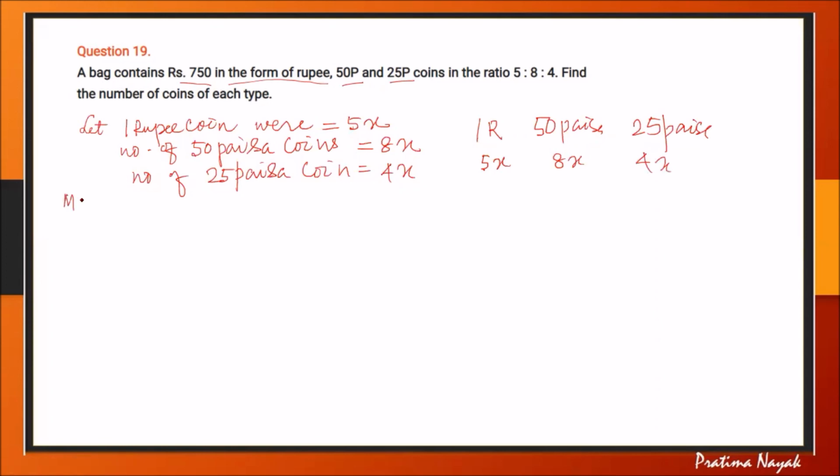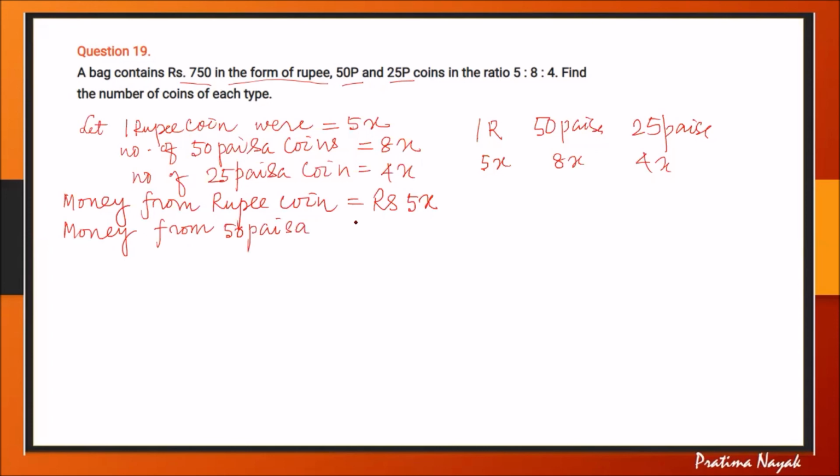So money from the 1 rupee coin is rupees 5x. Each carries 1, so it is 5x. Money from 50 paisa coin will be 8x by 2 because 2 50 paisa coins make a rupee.